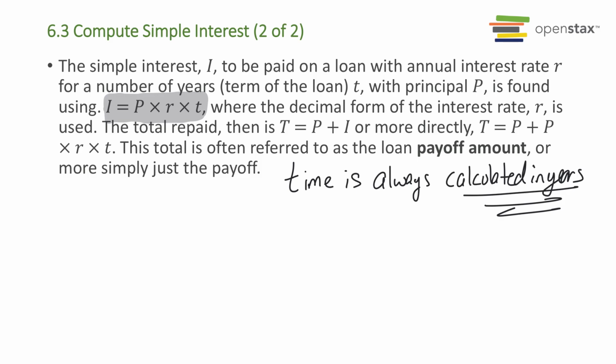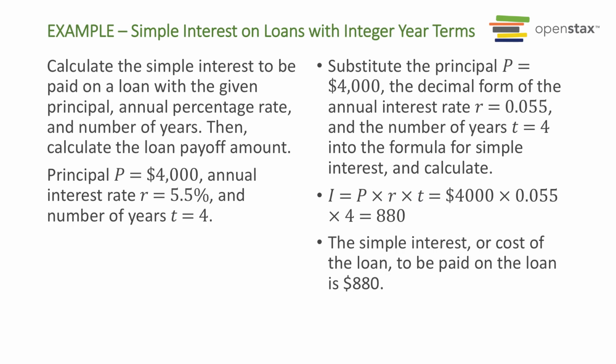The next formula is the total repaid, T equals P plus I, which is total equals principal plus interest earned. Another way to talk about that, if it's a loan, is the payoff amount. This is what you would have to pay off completely, including interest, in the end.